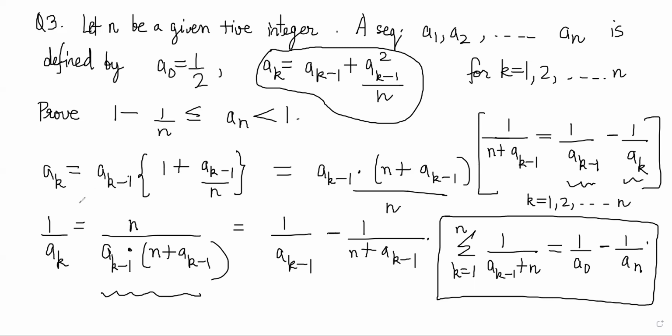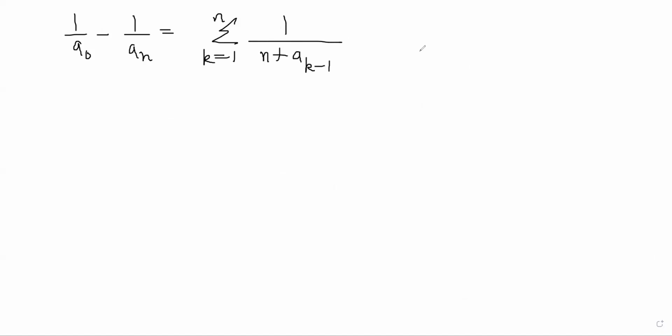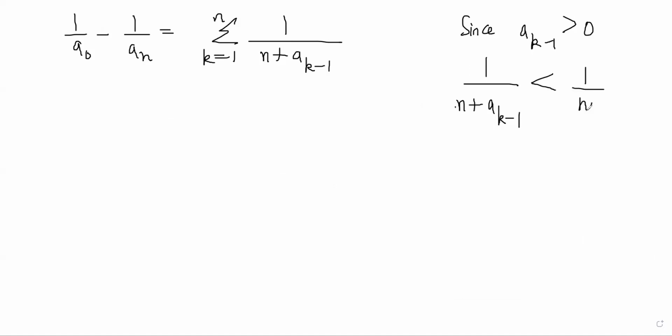Okay, so now let's work with this result that we have gotten. We have 1 by a0 minus 1 by an is equal to summation k from 1 to n, 1 by n plus ak minus 1. Now since ak minus 1 is greater than 0, we have 1 by n plus ak minus 1 is less than 1 by n.